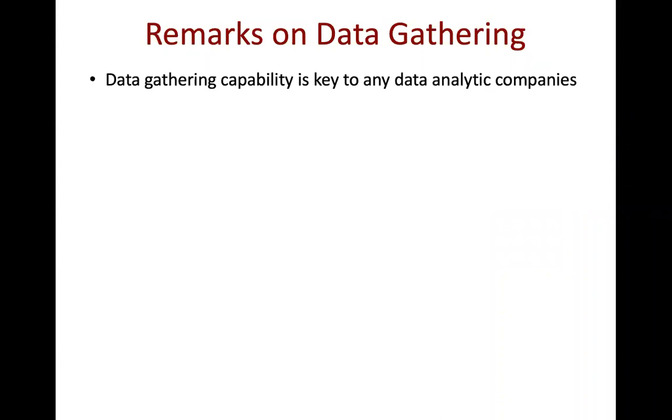Some remarks on data gathering would be that data gathering is actually key. Obtaining the right data is key for the right application. That's why the bigger companies, like Facebook or Google, actually have access to more data, and that defines the leadership in the market.